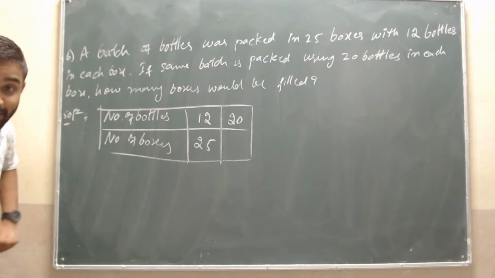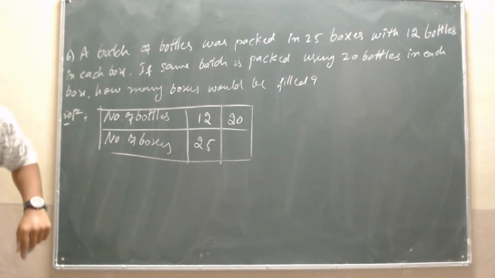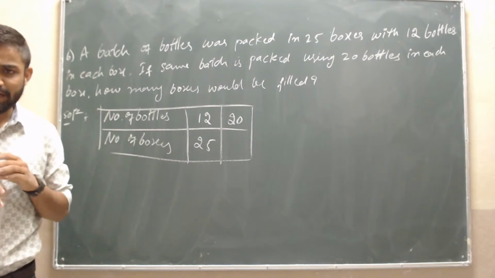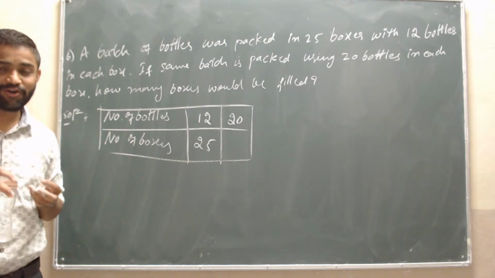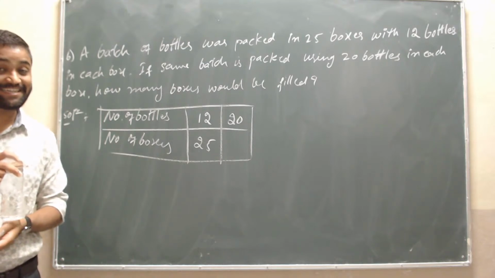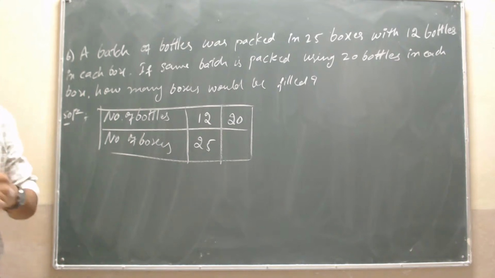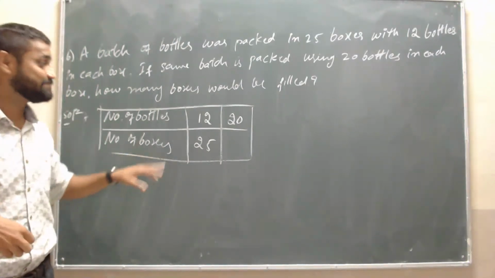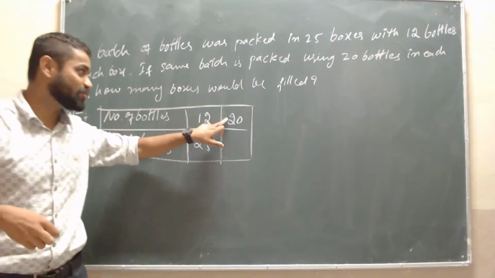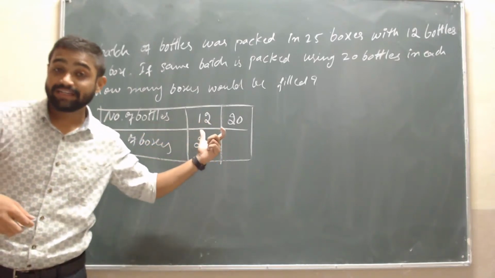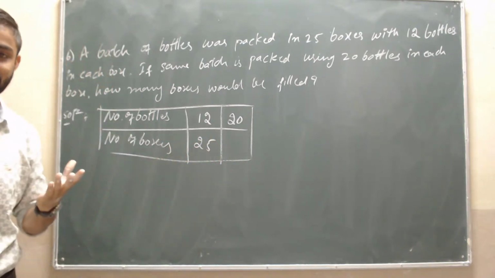Yes, many of them have given their answers. Pragnameti and Vaishnavi and Bharat, 15 boxes. Sure? Should I lock it? Check it once again. Then how will you check, students? Multiply 25 into 12 and 20 into 15. If the answers are equal, then only your answer is correct.